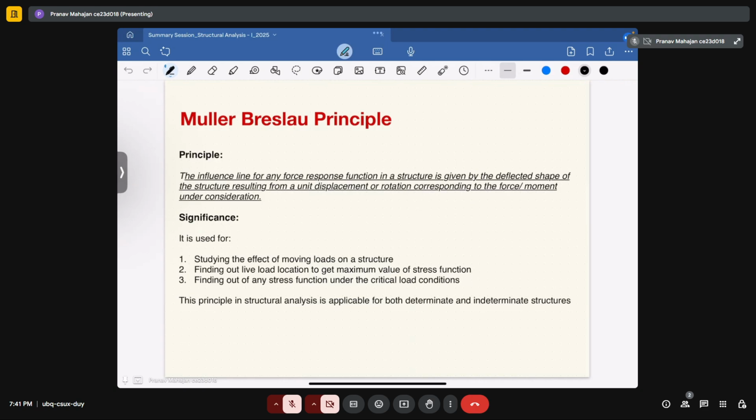So all these are the concepts of the Mueller-Breslau principle. This principle in static analysis is applicable for both determinate as well as indeterminate structures.